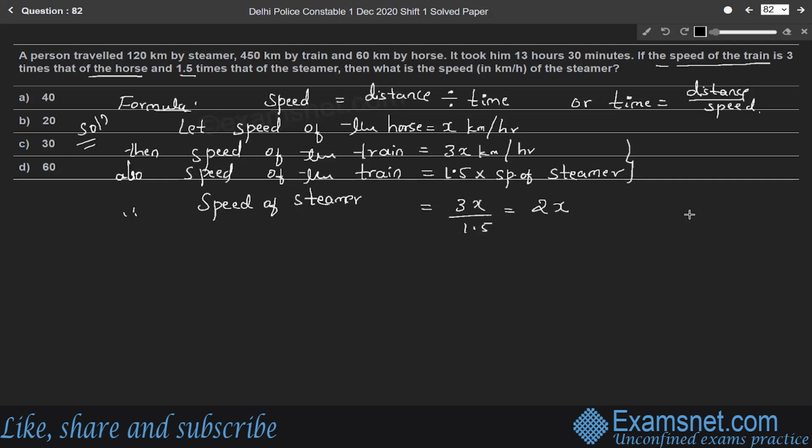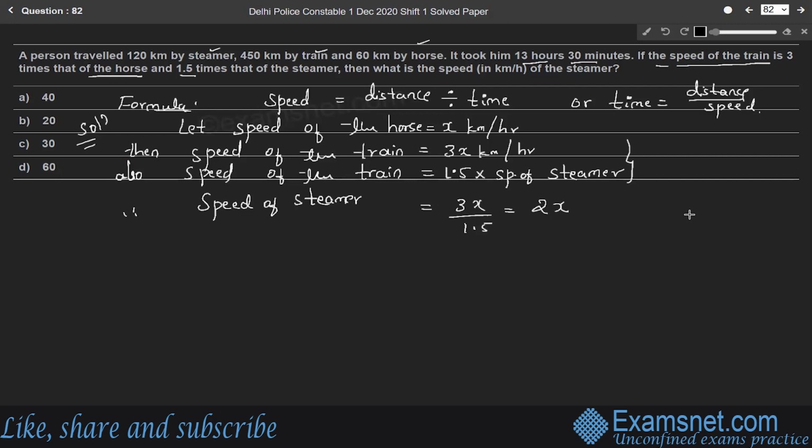According to the question, the total time taken by the steamer, train and horse is 13 hours, 30 minutes. So we have to add all the times taken by that person by horse, by train and by steamer.